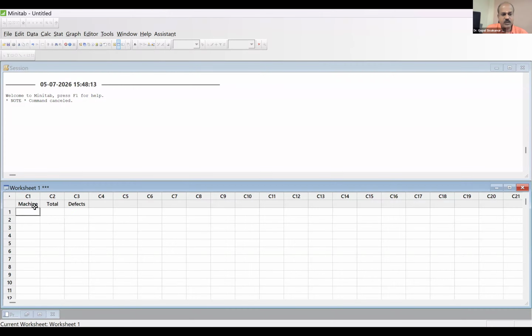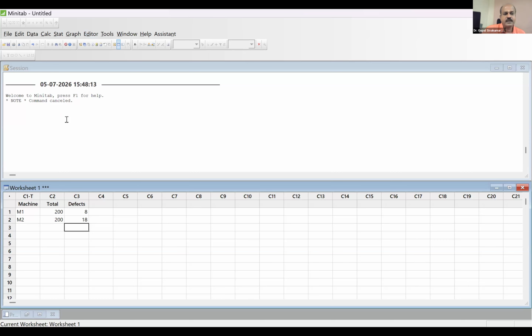Now please tell me, machine 1, how many units produced? 200. How many defects you got? 8. And machine 2, how many units you produced? 200. How many defects you got? 18. Now with this, would you like to conclude that machine 2 produced more defective than machine 1? The numbers look very obvious, but still we want to validate with the help of the available data.